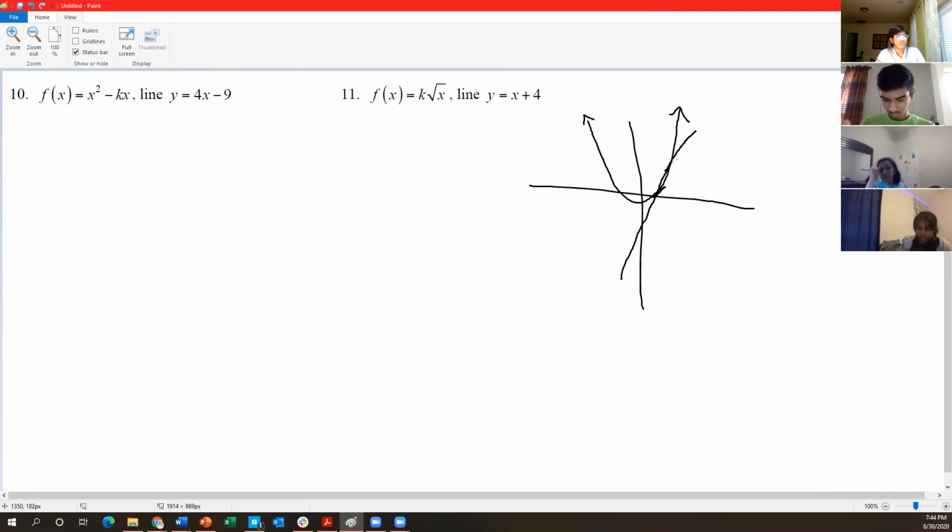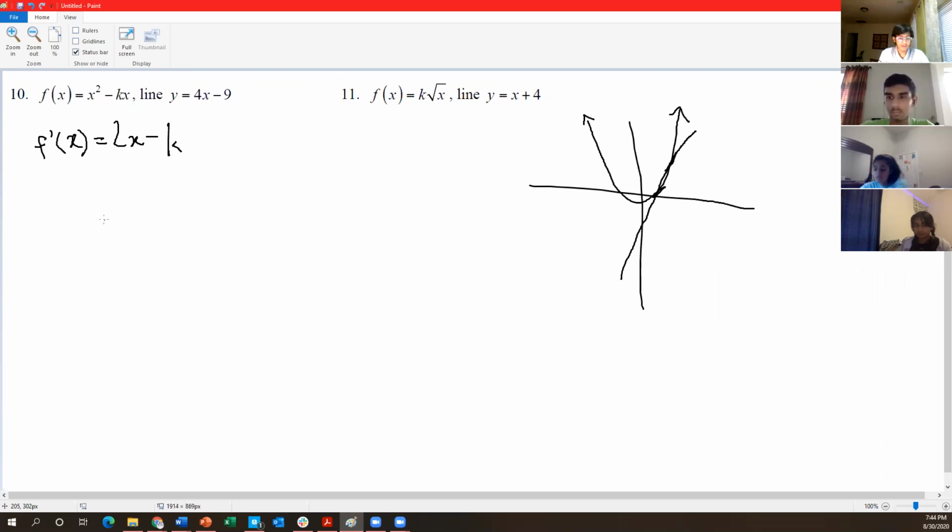Okay. So what we're going to do is first, the tangent line at any point for f of x is f prime of x. And the derivative of f of x is what? 2x minus k. Right?